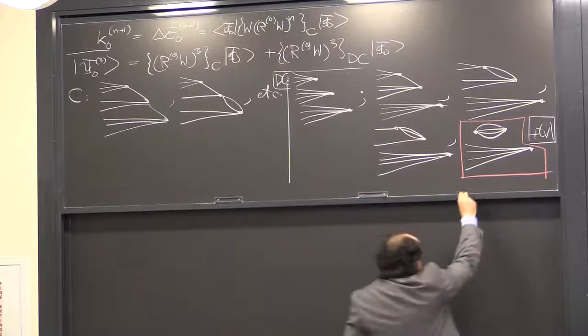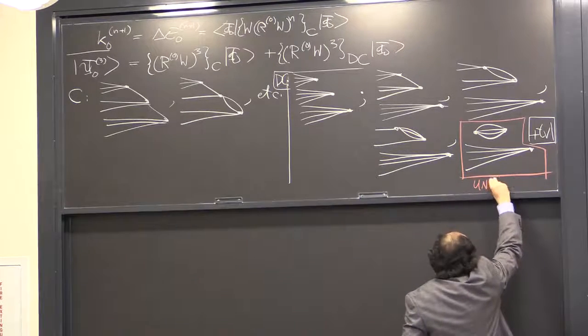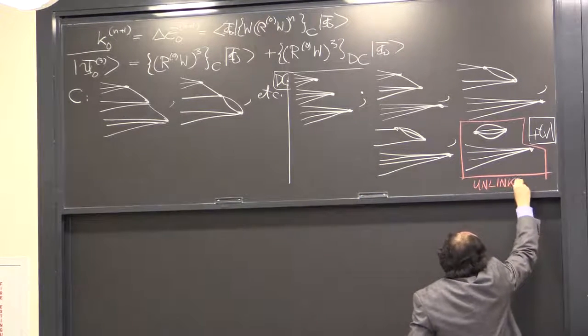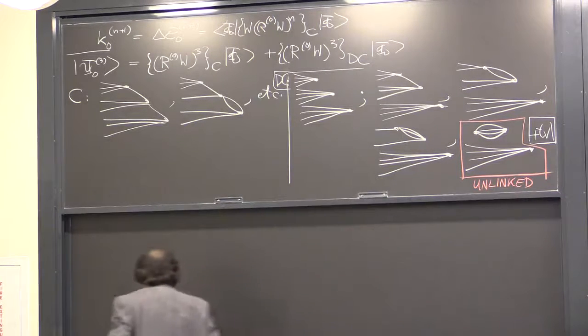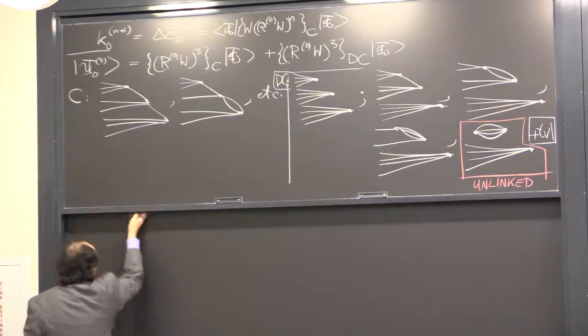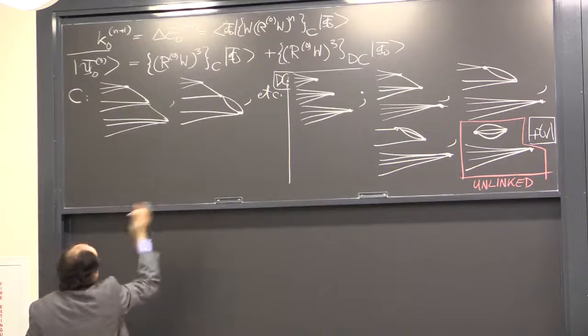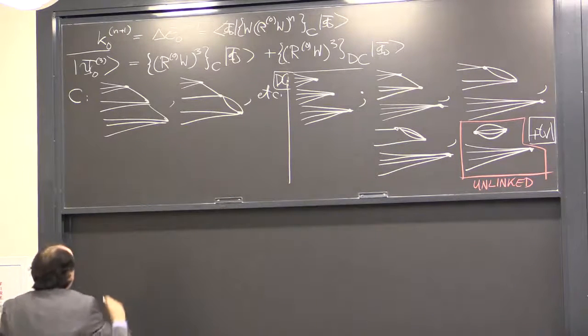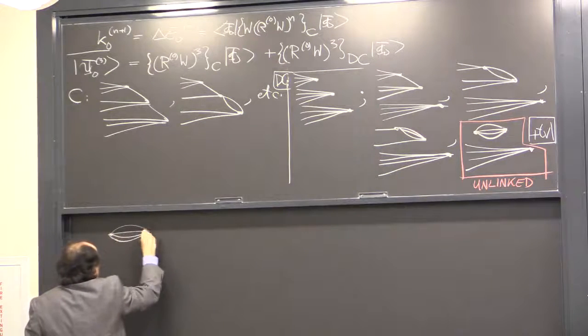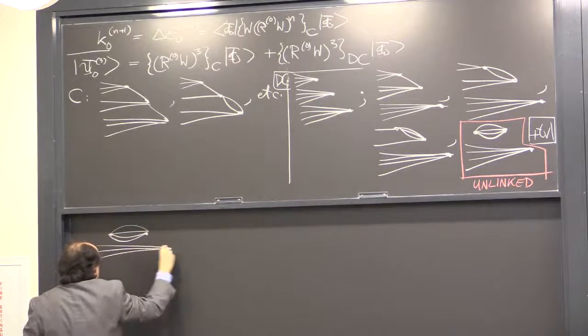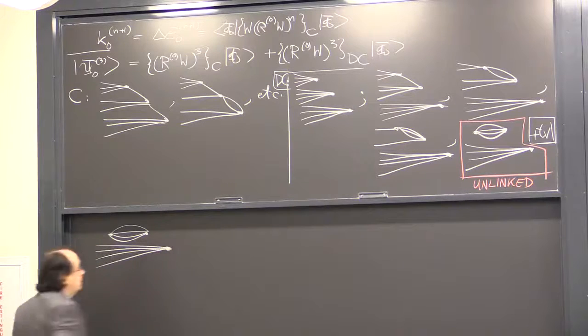So this is unlinked. And then all of this implies that we found two unlinked diagrams among all the disconnected diagrams in the wave function correction. Okay? So I'm redrawing the one that you see on the top blackboard.